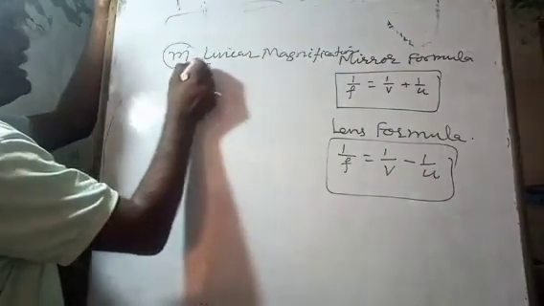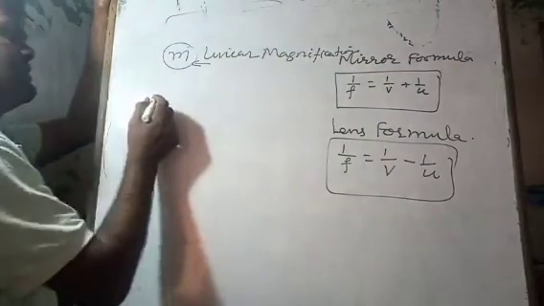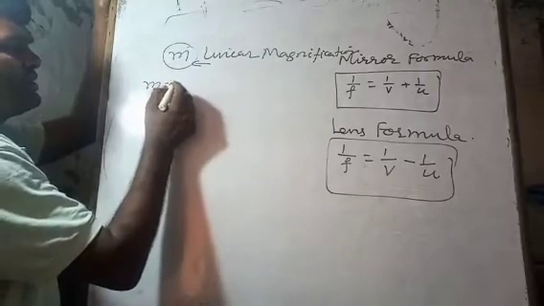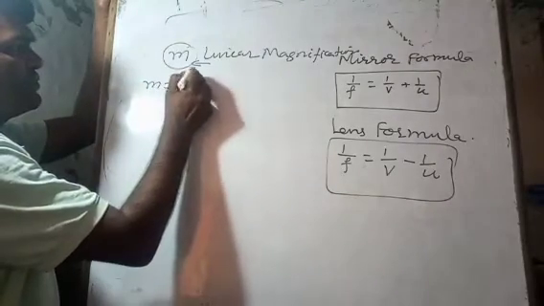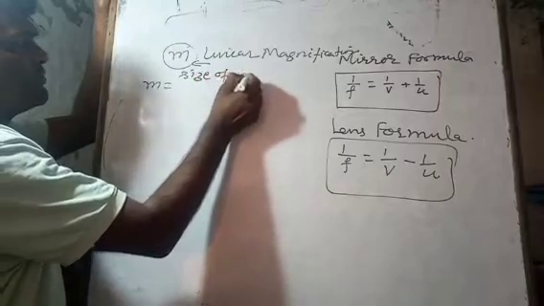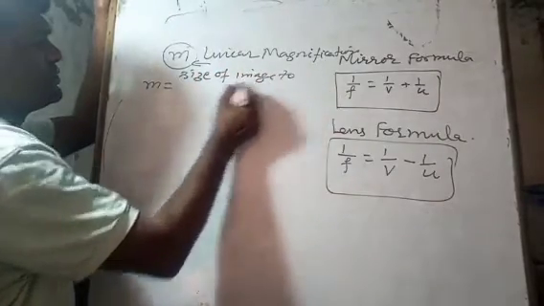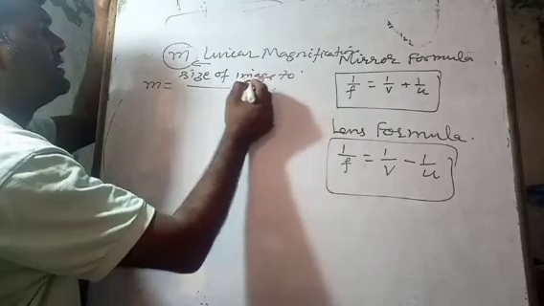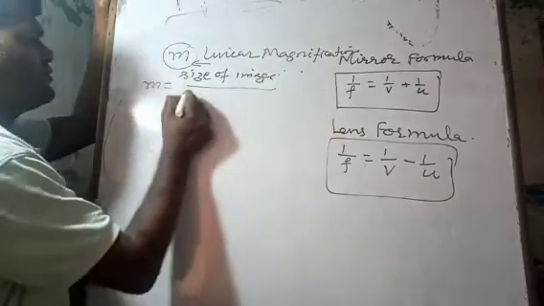So what about magnification? Linear magnification is shown by the letter M, and the general formula for it was size of image to the size of object.